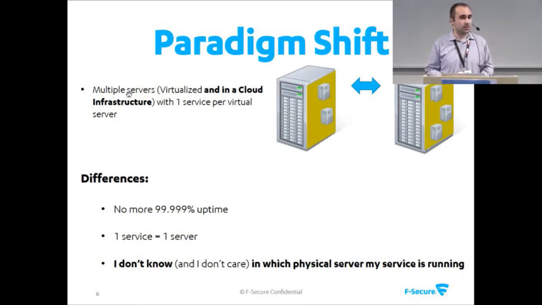It doesn't matter. You don't care if a virtual server or instance crashes. You care that your service is always on. If one of the Apache servers goes down, who cares? Because there are more. And one server started to have exactly only one service. It has only one job to do.